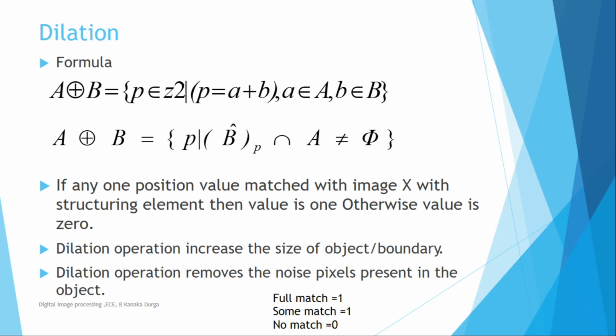If any noise is present internally in the object, it removes the noise present in the object. So mainly we have to remember in dilation, if any one pixel value matches with respect to the structuring element, then the dilation value goes to 1, otherwise it goes to 0, and dilation increases the size of the object and removes the noise present in the object.